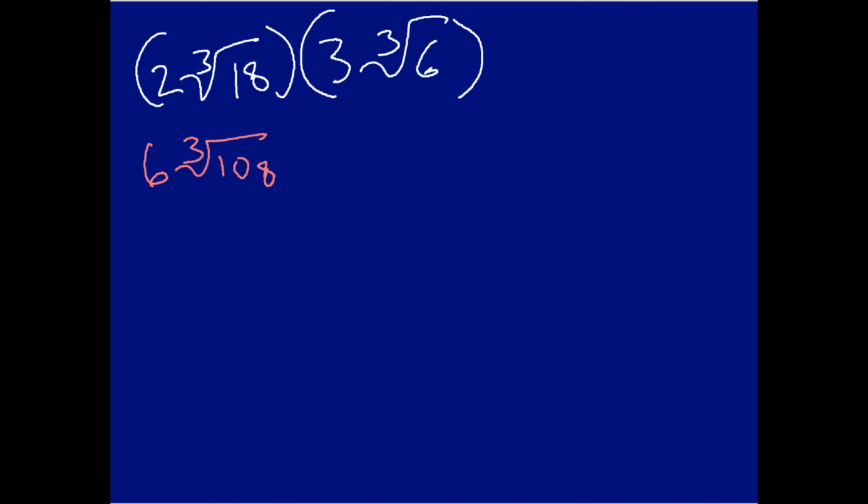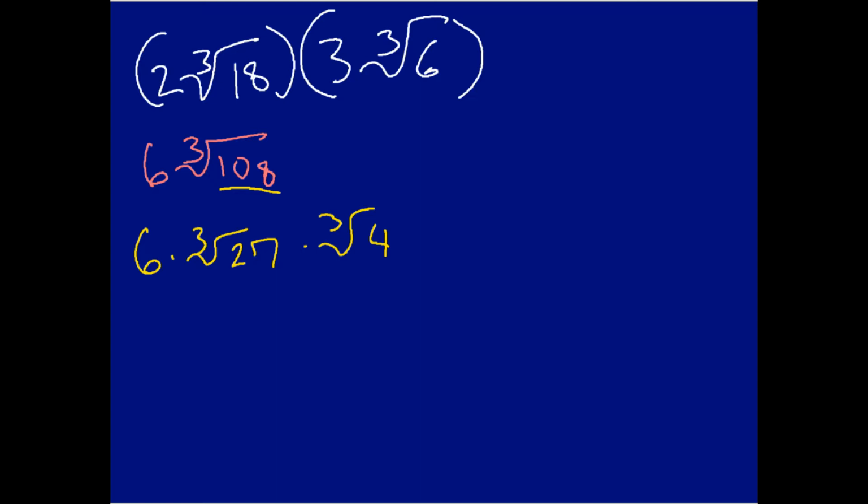Now I need to address this 108 and simplify it. I need to be looking for perfect cubes, because that way I can simplify it to the maximum. If I factor this in the most simplistic way, it would be 6 times the cube root of 27, which is a perfect cube, times the cube root of 4. 27 times 4 gives me 108.